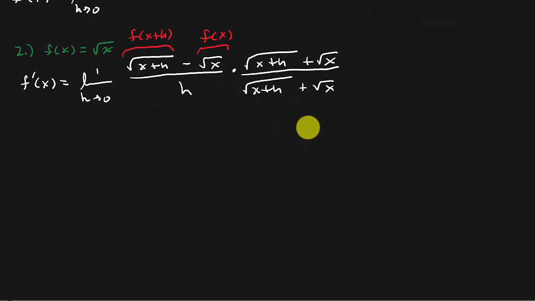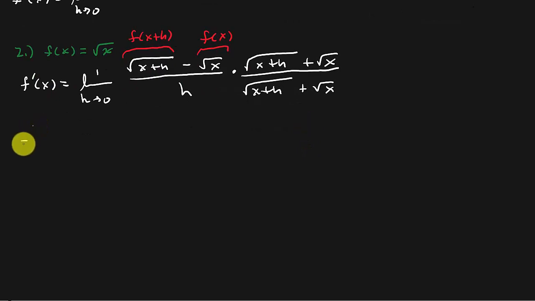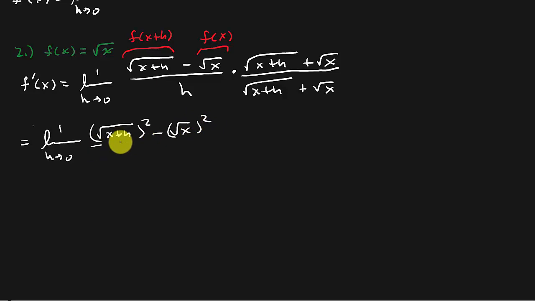All right. So this is going to give us the limit as h goes to 0. Now let's multiply this out. So that's going to be what? The square root of x plus h, squared, minus the square root of x, squared, over h times the square root of x plus h plus the square root of x.